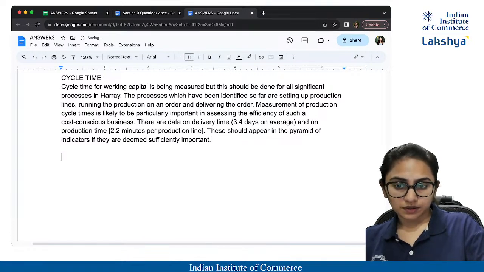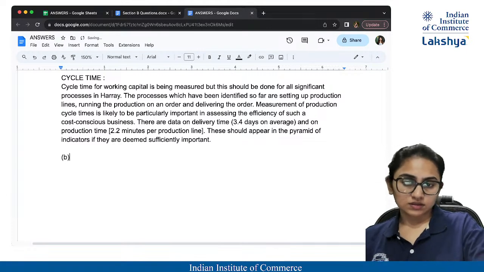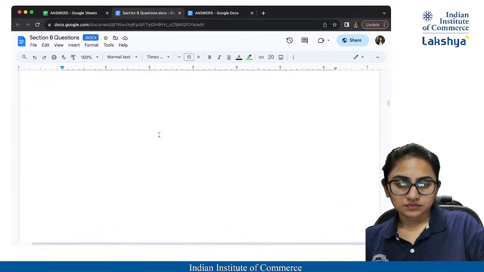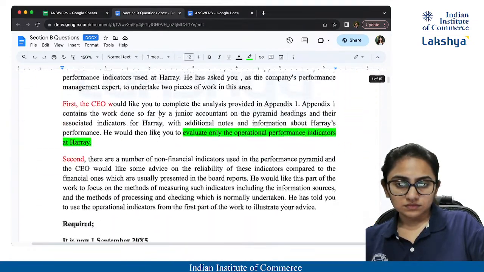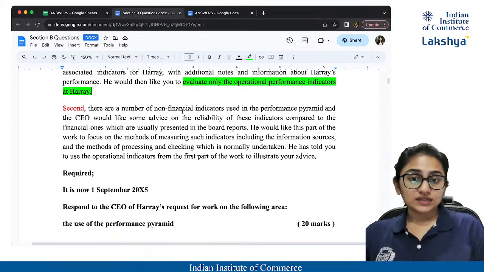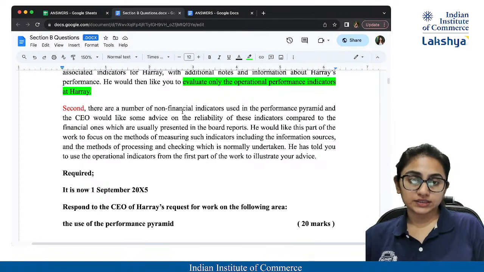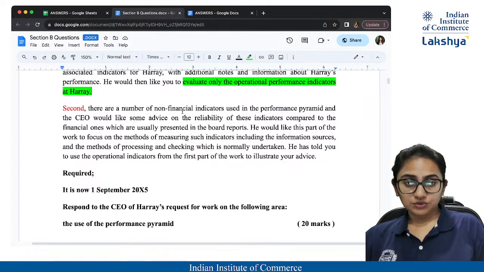That is the first part of the answer. What is the B part? Second, there are a number of non-financial indicators. Now the indicators that we used were all financial indicators. Now you have to talk about the non-financial indicators. So second, there are a number of non-financial indicators used in the performance pyramid, and the CEO would like some advice on the reliability of these indicators compared to the financial ones, which are usually presented in the board reports.